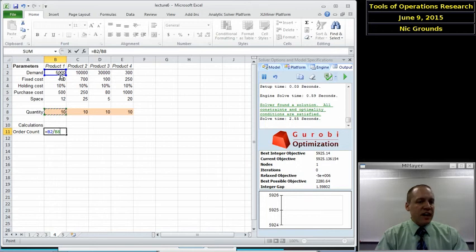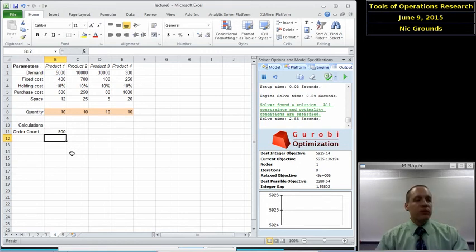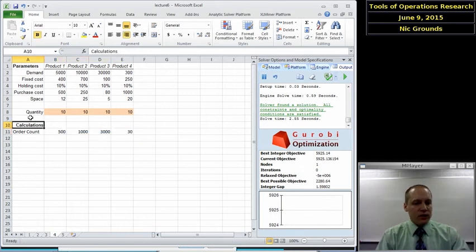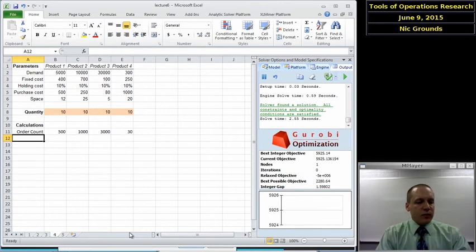That is, if I need 5,000 units of product 1 and I only order 10 at a time, I would have to order 500 times throughout the year. And so forth for all the products. So that's my order count. Let's make that. What else do I need to know?